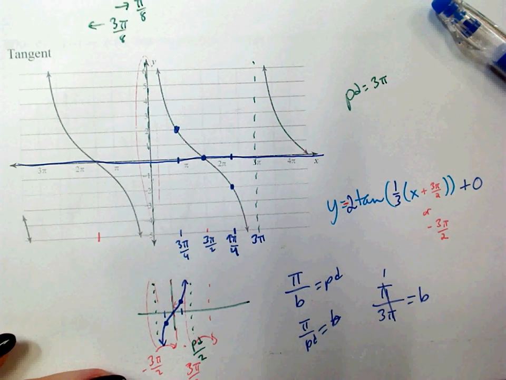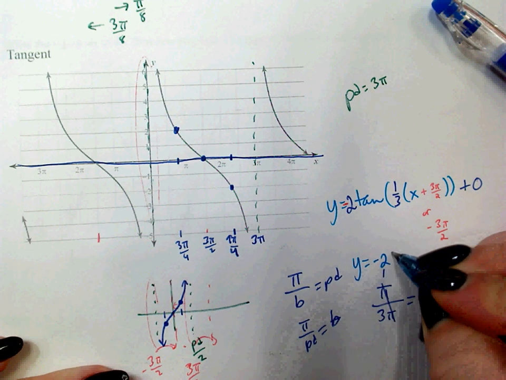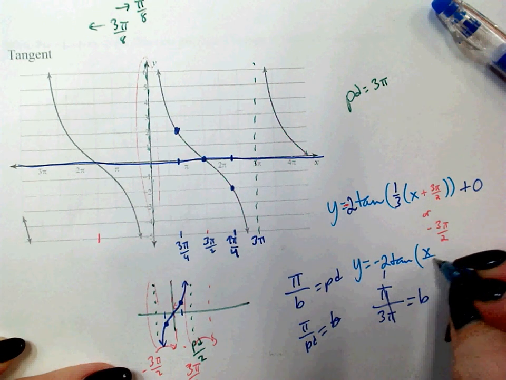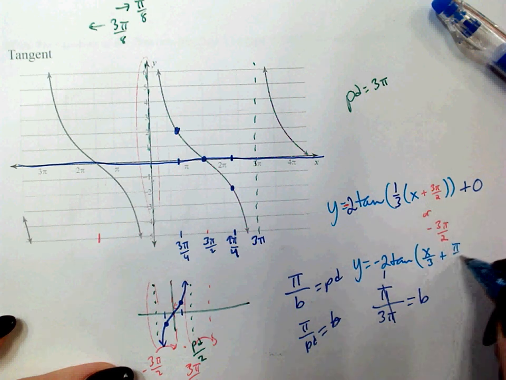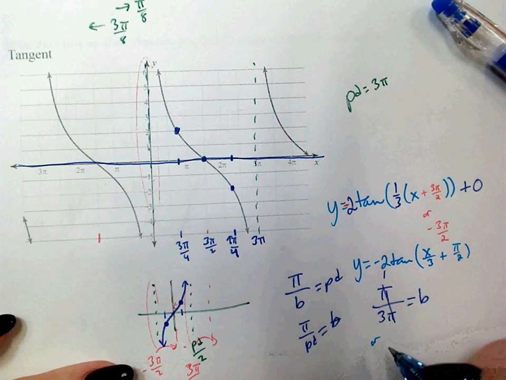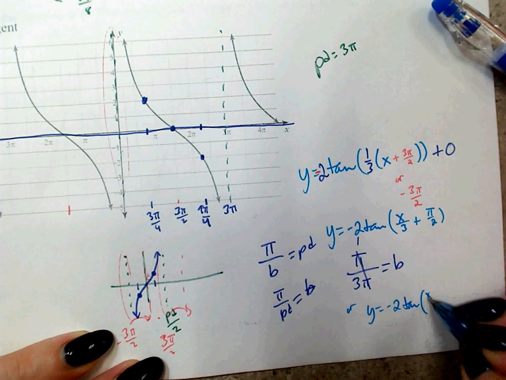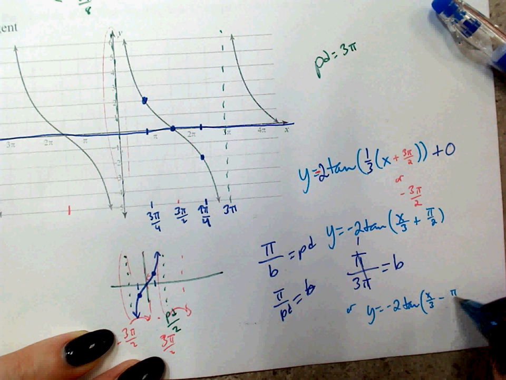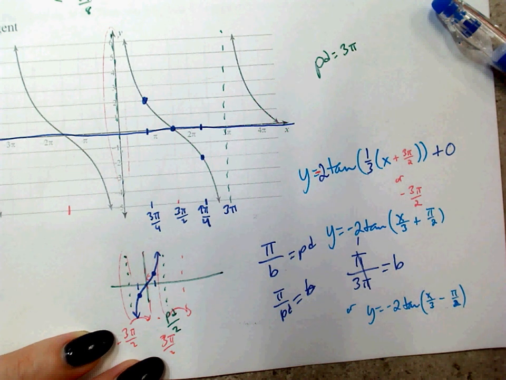So I guess I could say that my final answer is -2 tangent of x divided by 3, or 1/3 x. I'll go plus, and then that is going to be pi over 2. Or y equals -2 tangent of x divided by 3 minus pi over 2 when I distribute the 1/3. And okay, there we go. Hopefully that helps.